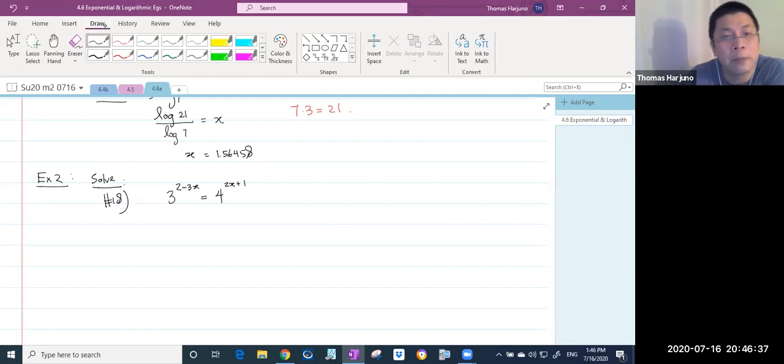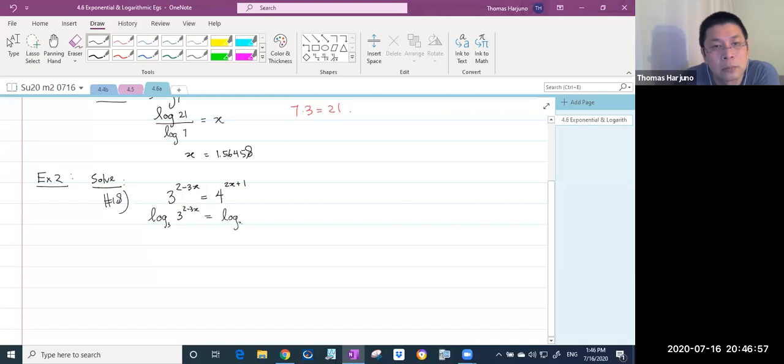Let's say, for example, I choose to use base 3. So I apply log base 3 to both sides. And you will see on the left-hand side, the exponent goes to the coefficient.